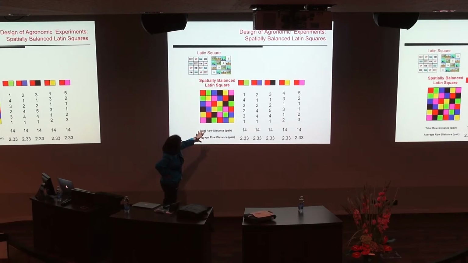They have to be balanced, meaning that all treatments, and the treatments here are colors, have the same distances. You see that this pair has a distance of 1 in the first row, a distance of 4 in the second, etc. So it has a total distance of 14 in this row, and all the pairs have the same distance, so they all are balanced.